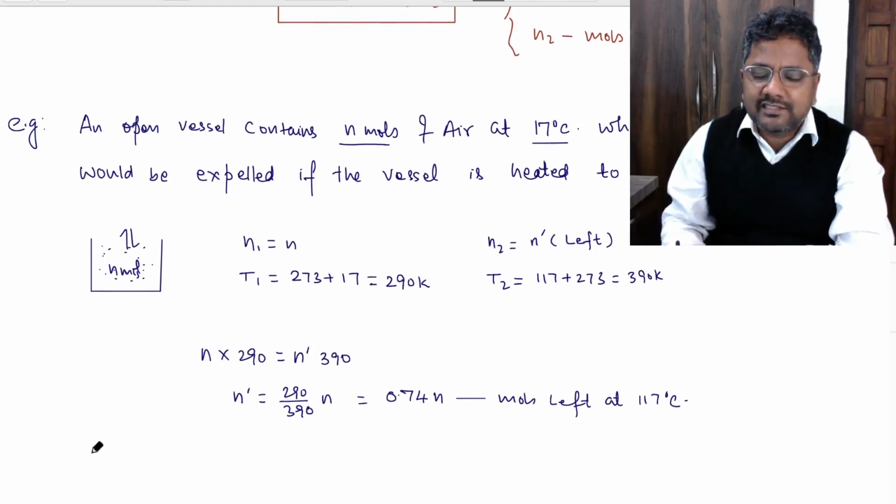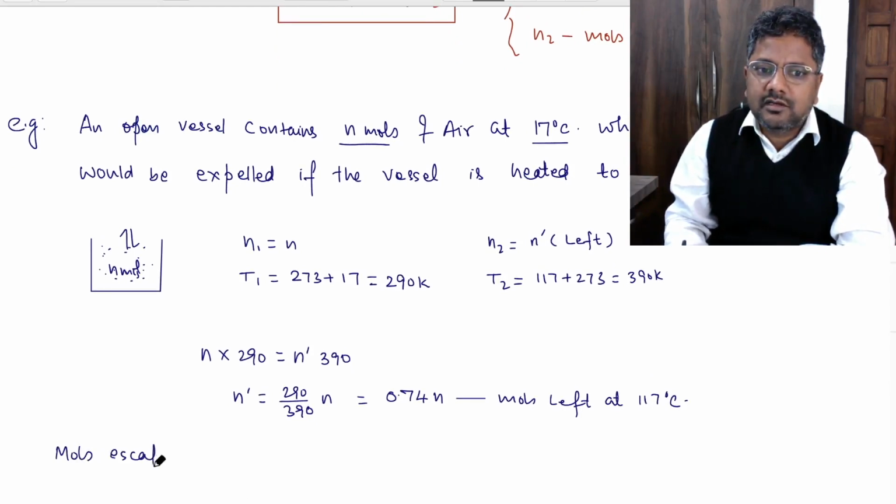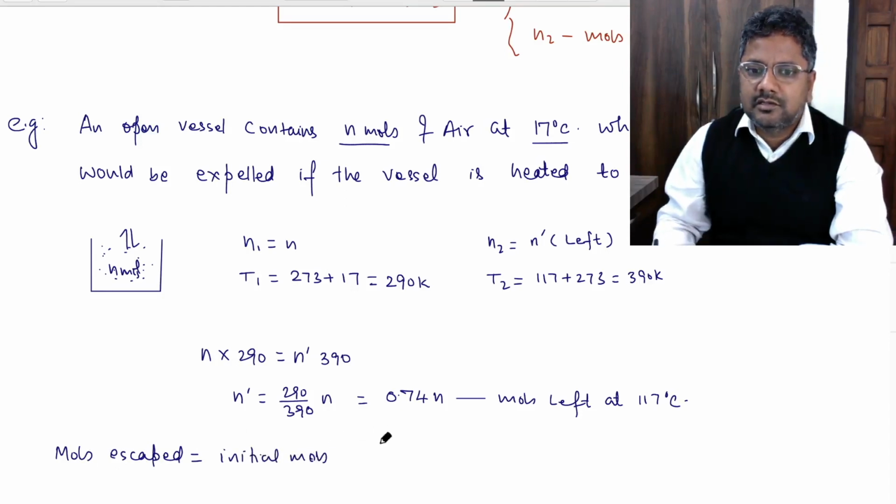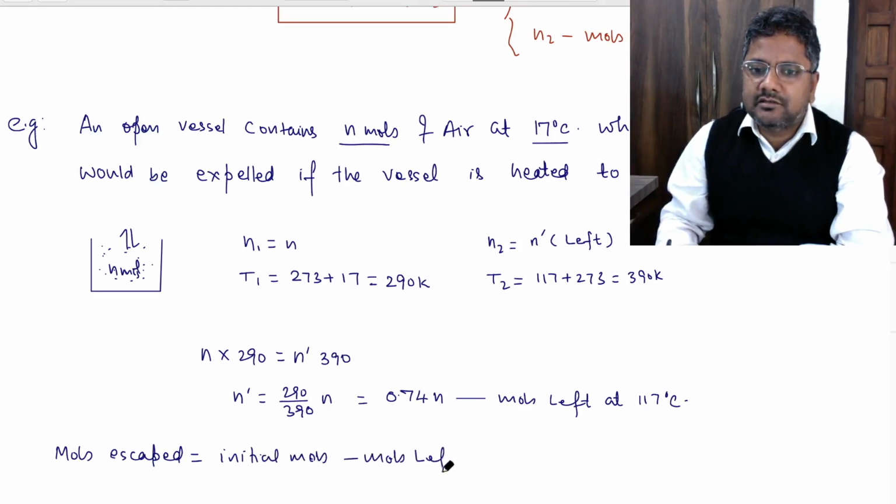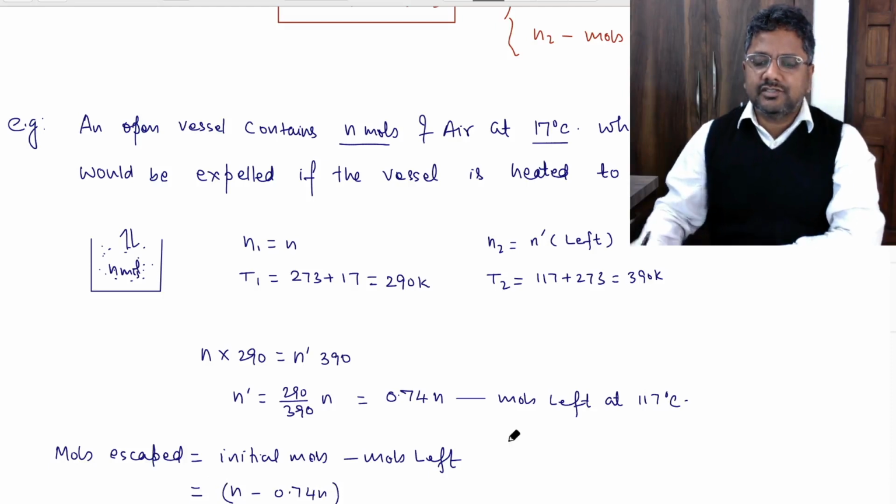Now moles escaped is equal to initial moles minus moles left. So this is equal to n minus 0.74 n, right?